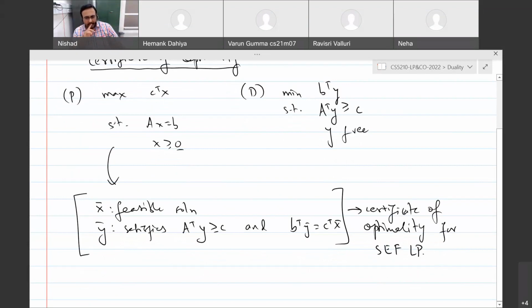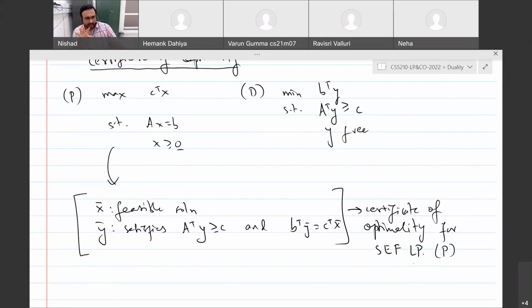All right. Does everybody see why such an X bar and a Y bar classify as a certificate of optimality for the primal program? And of course, this is also a certificate of optimality for the dual.